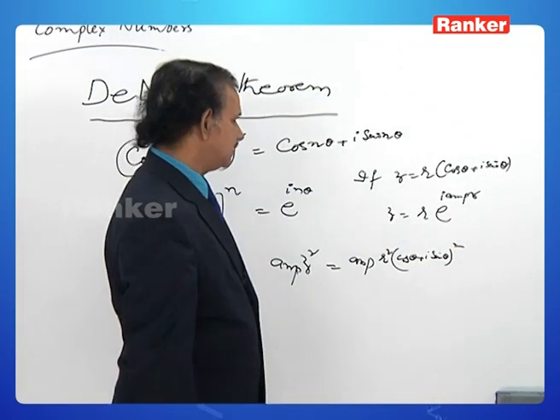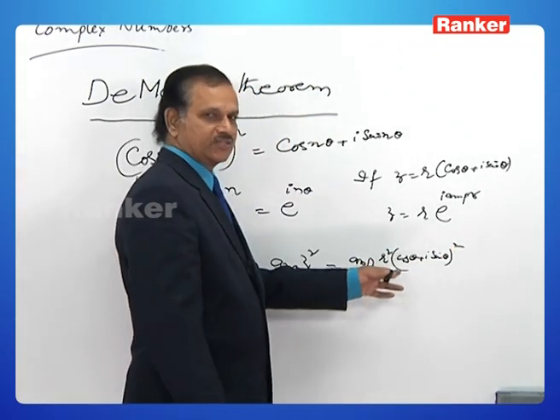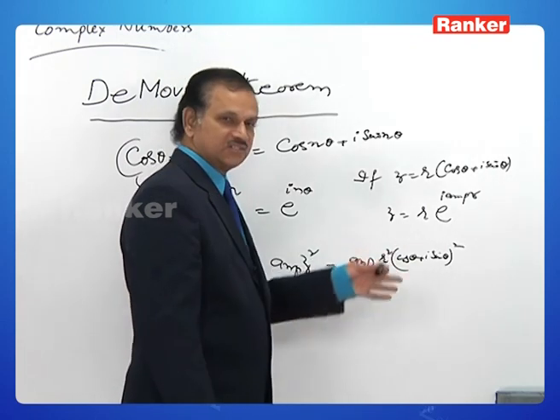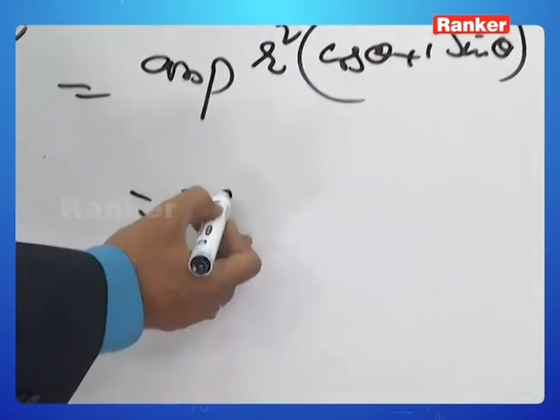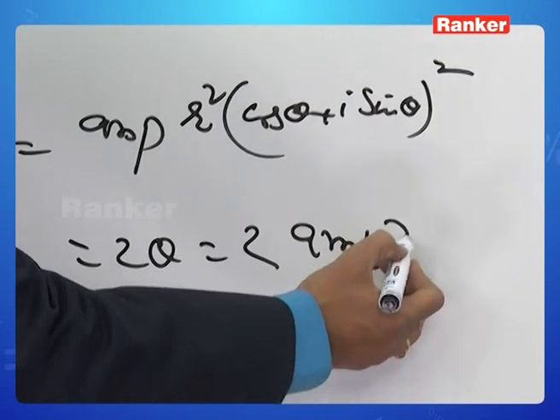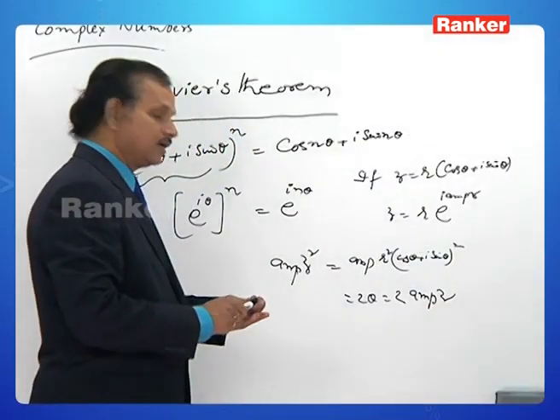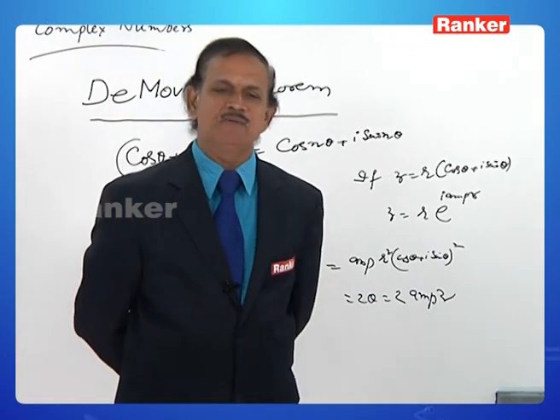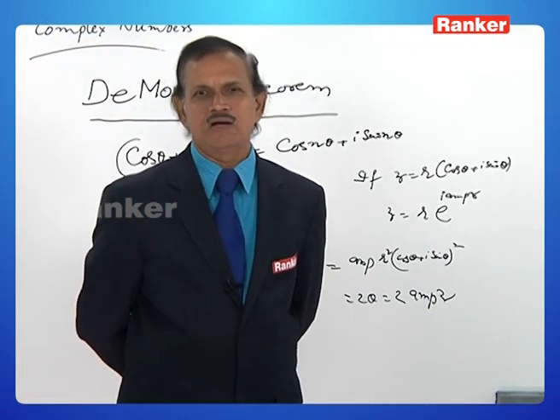For this complex number, using De Moivre's theorem, it can be taken as cos 2 theta plus I sin 2 theta. Amplitude of this is nothing but 2 theta, which is equal to 2 into amplitude of z. Not only that, if you are asked to have the amplitude of z cube, it is 3 into amplitude of z.